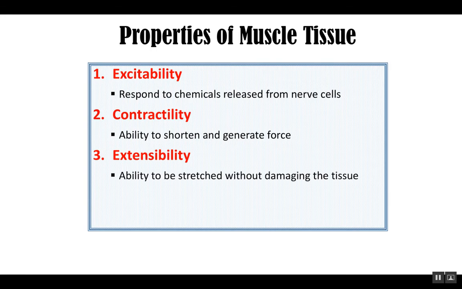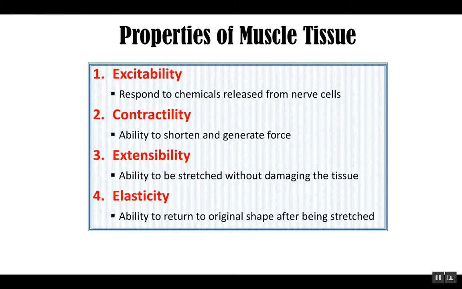Extensibility is the ability to stretch without damaging the tissue. So we always think of muscles being able to contract and then relax. They also have to be able to stretch a bit. And this is an extremely important property of skeletal muscle in order to prevent damage to that skeletal muscle when it's contracting fairly rigorously.